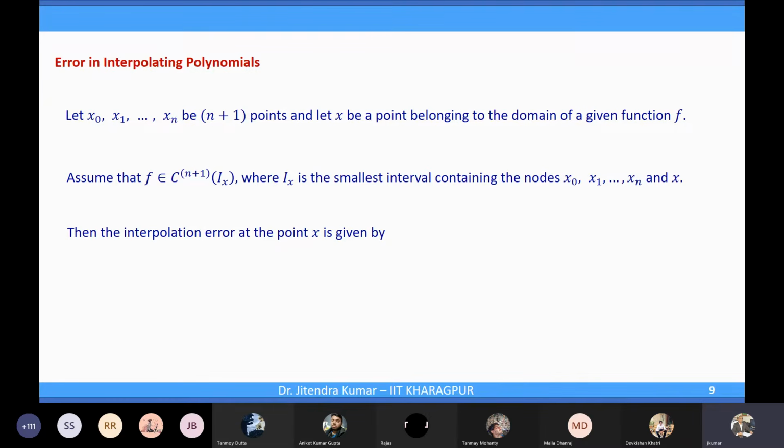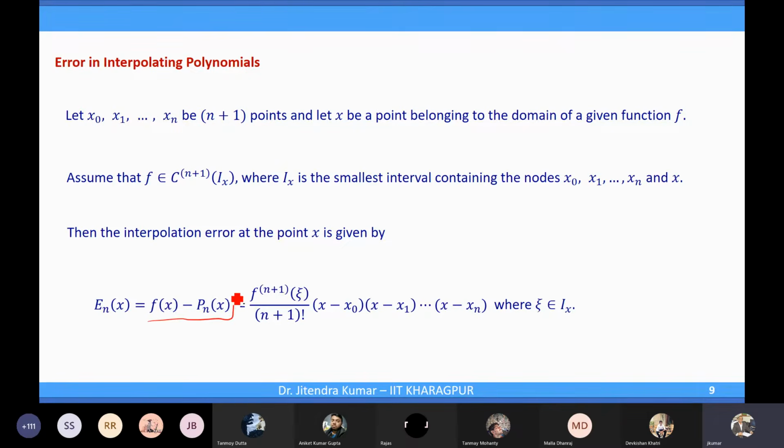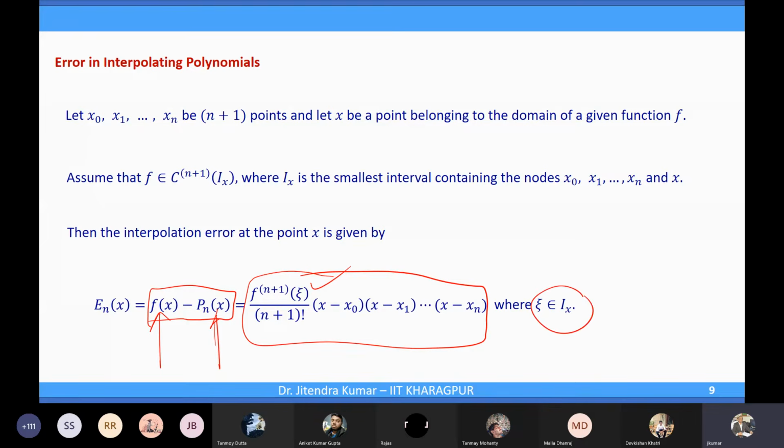Then the interpolation error at any point x in that interval is f(x) minus p_n(x), the exact function value minus the polynomial value at x, and this is given by the n plus 1 derivative at the point xi, xi also being somewhere in this interval, divided by factorial n plus 1, times (x minus x0)(x minus x1)...(x minus xn).